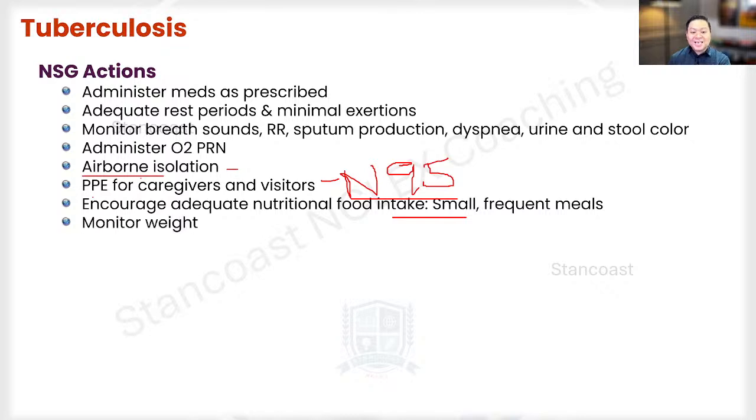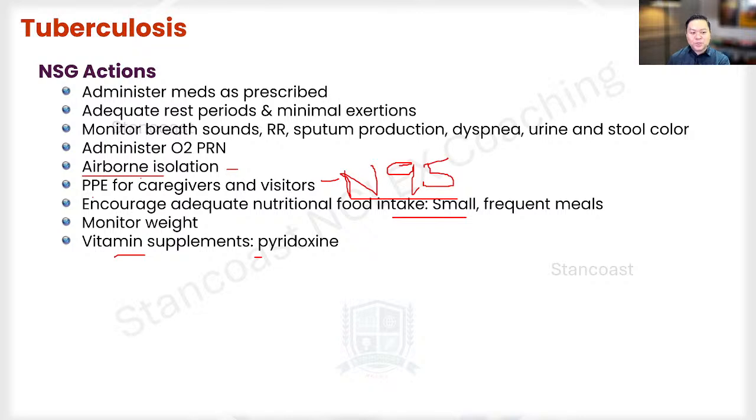Now we're also going to need to monitor their weight, because if there is weight loss, that simply means that we are not really attaining that goal. We want to make sure that the patient's infection is treated, because if there is progressing weight loss, that simply means that the patient still has that active infection, right? And we're going to have to include the administration of vitamin B6, the pyridoxine.